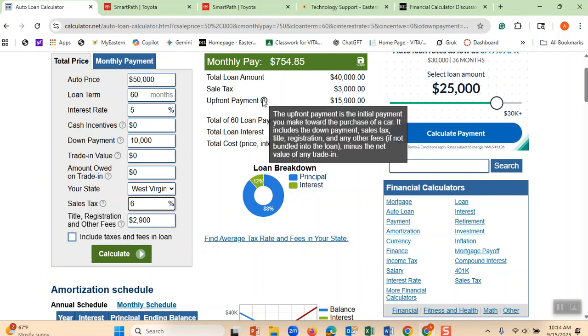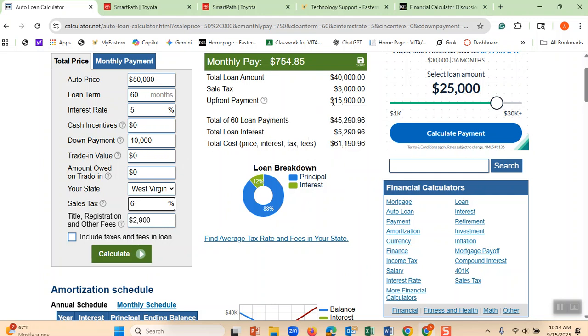If you add all of these, it comes to $15,900.